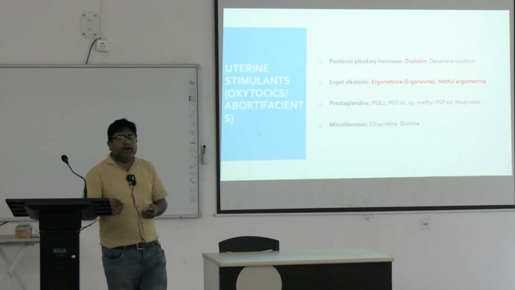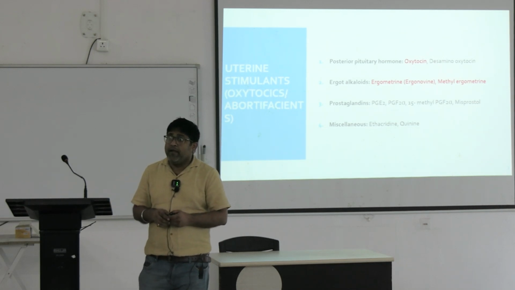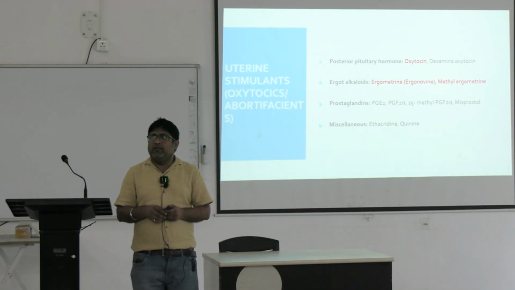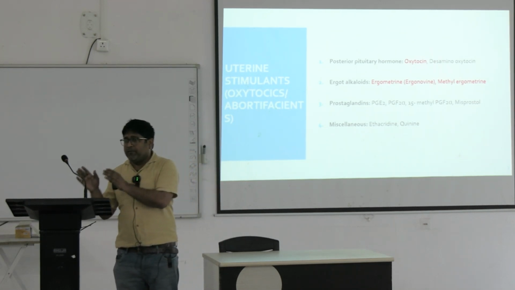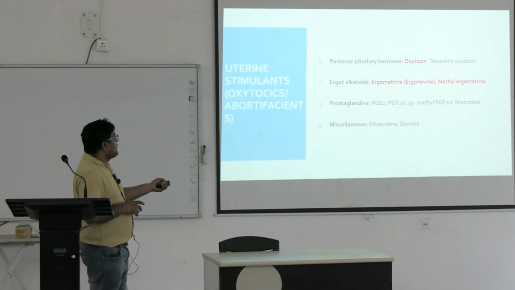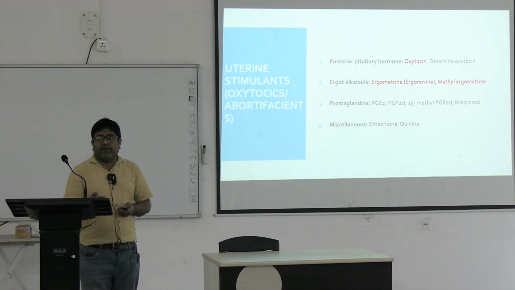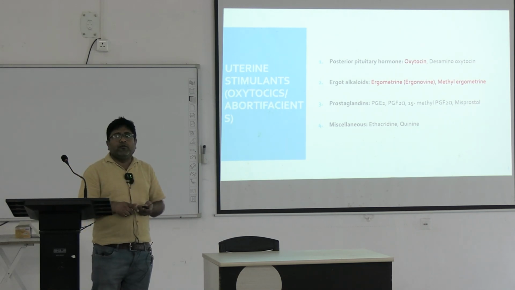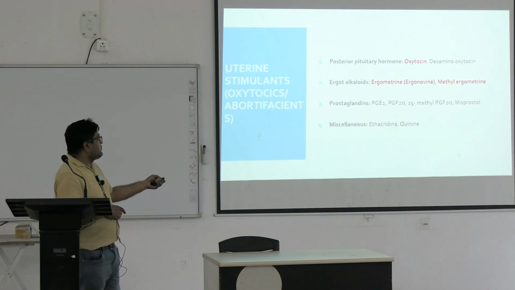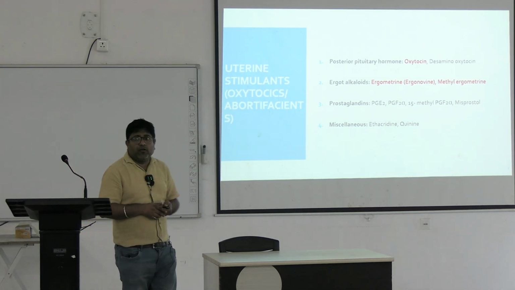Where have we read about them? In the migraine chapter, where ergotamine is used in the acute attack of migraine. The ergot alkaloid ergometrine has a lesser role in migraine and more role in increasing uterine contraction. Ergometrine is also called ergonovine, and there is methylergometrine.